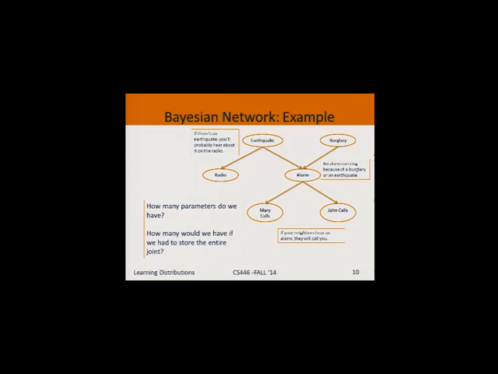So here, in order to model earthquake, I need 1 or 2. Let's call it 2. Let's assume that we don't do the 1 minus now. So two numbers, P of earthquake being 0 or 1. 2 here. OK, so these are the cases of 2. How many here? 4, right? So P of radio given earthquake, where each one of them takes 2 values: 0 given 0, 0 given 1, 1 given 0, 1 given 1.